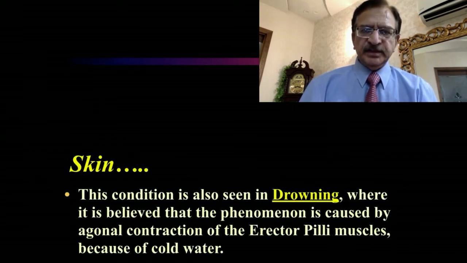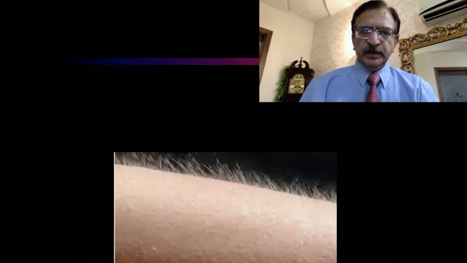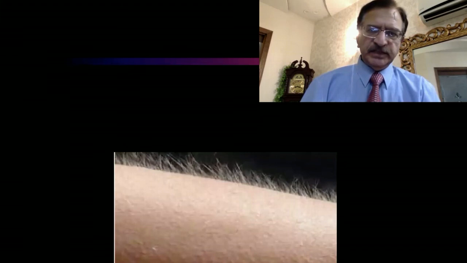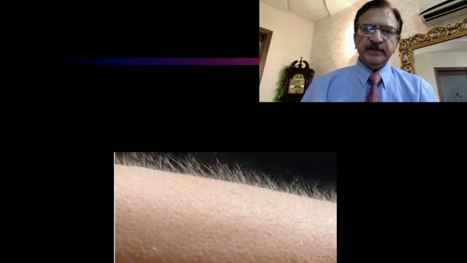And this condition is also seen in drowning, where it is believed that the phenomenon is caused by the agonal contraction of the erector pili muscles because of the cold water. And this is how it appears. You can see the erection of the erector pili muscle, which leads to erection or straightening of the hair.